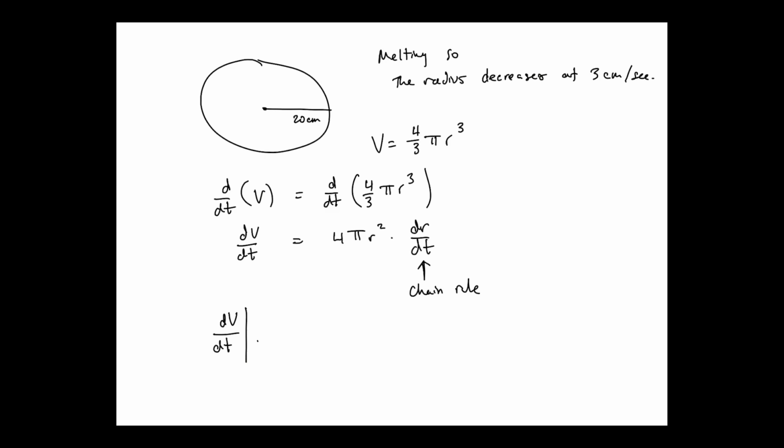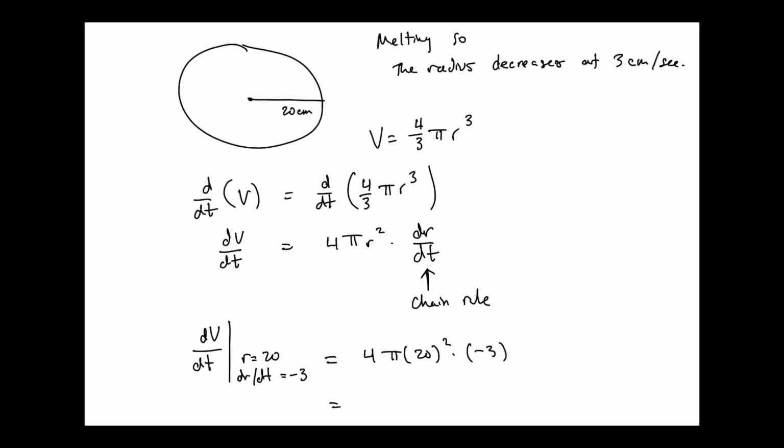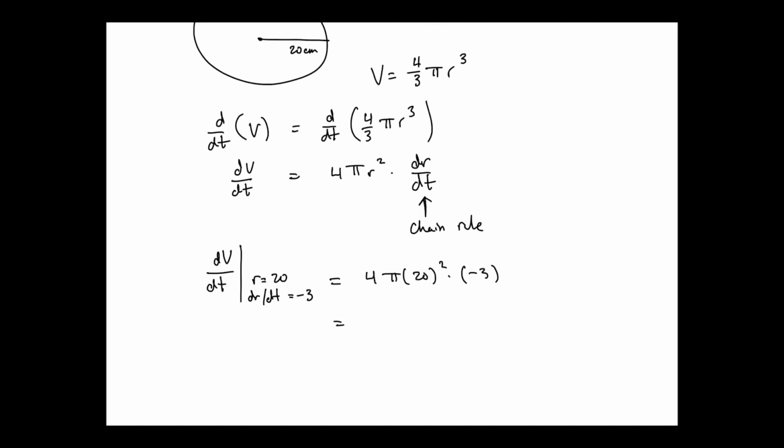So when r is 20 and dr/dt is -3, okay, just crunch the numbers. 20 squared is 400, times 4 is 1600, times 4, and then I need to do times 3, which is minus 4800, right? Yeah. And then, of course, we've got our pi there for good measure.